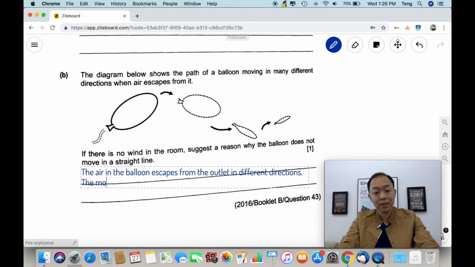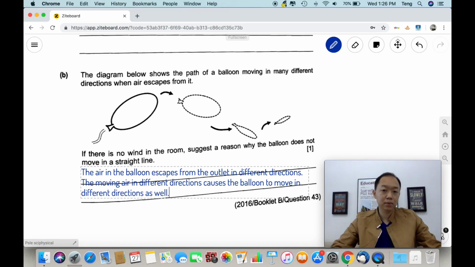The moving air in different directions causes the balloon to move in different directions as well. So it's 1 mark. I don't think there's a lot of things to talk about.